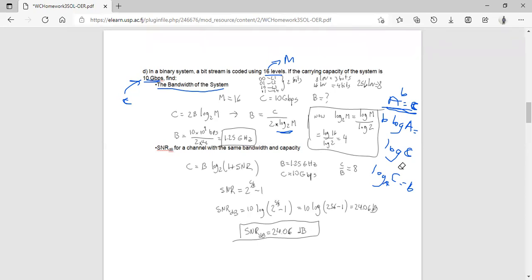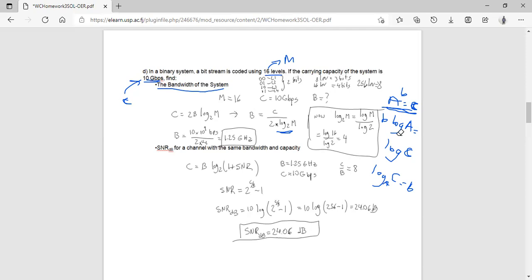Also, the other thing is, in place of these logs, you can also use the ln function, the natural logarithmic function as well.